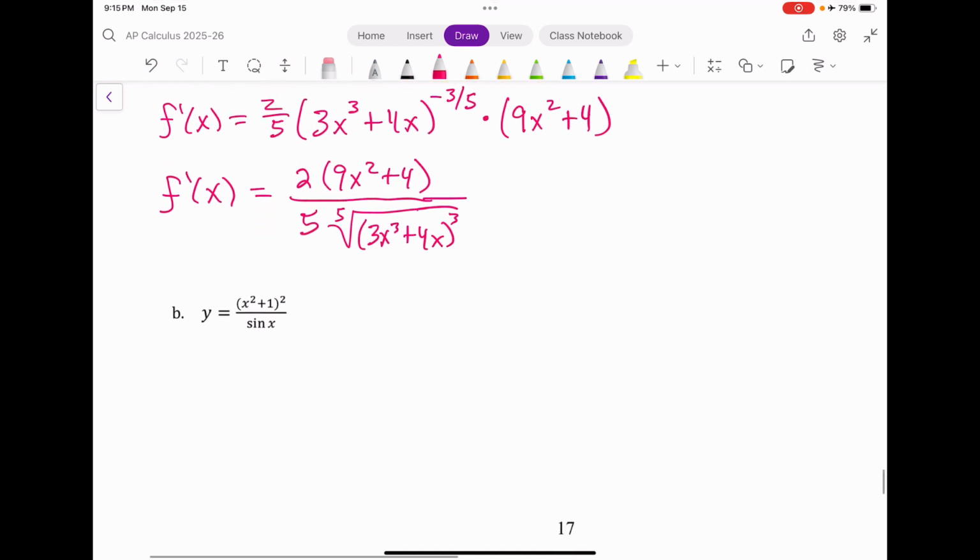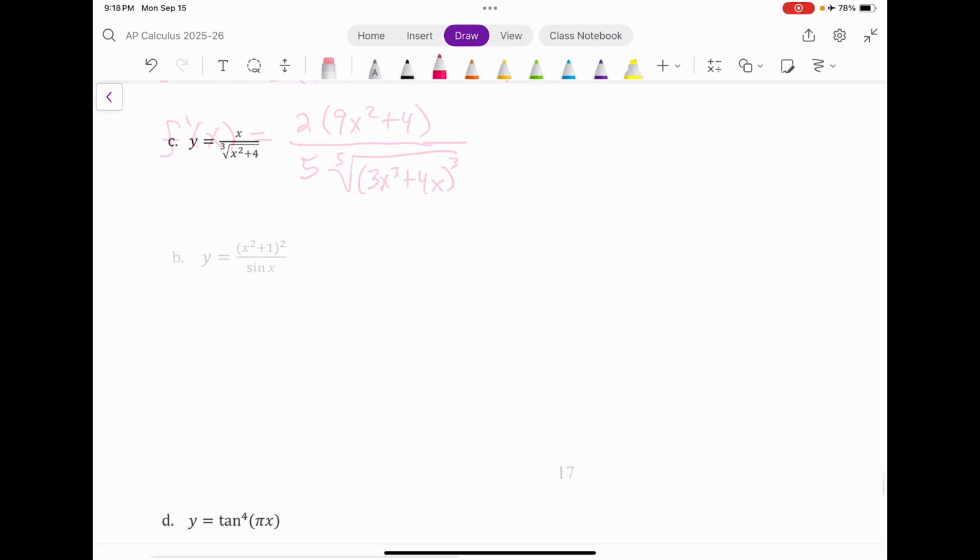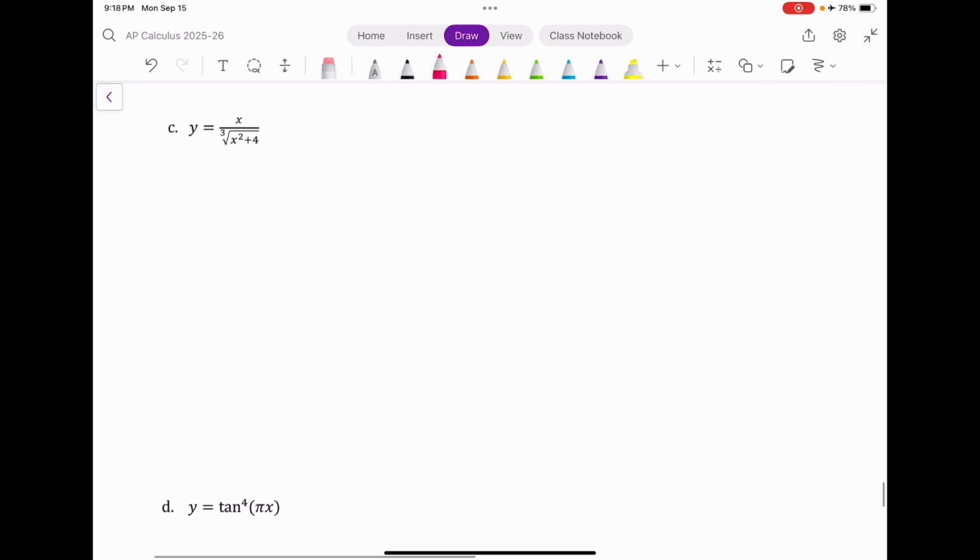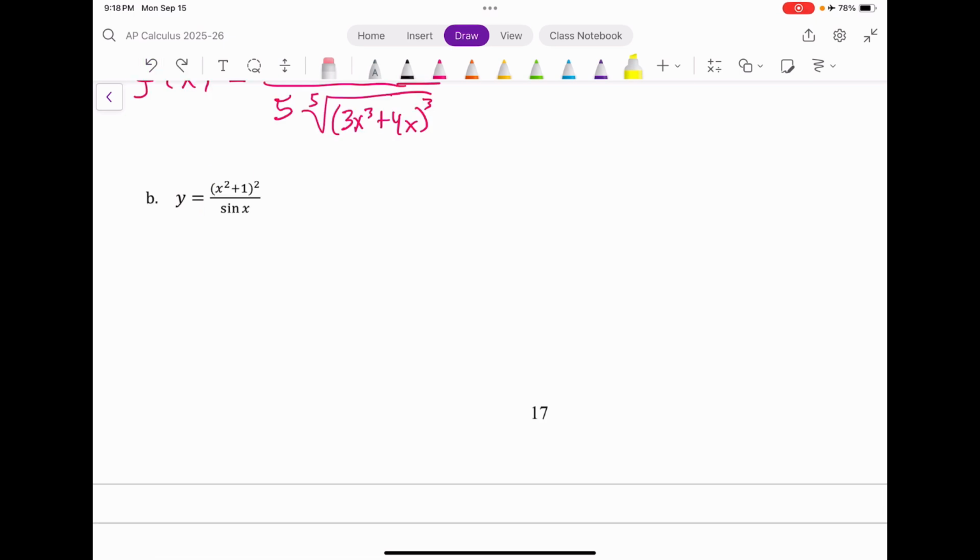All right, and then we'll skip part B. Okay, so here we have an equation where we'll need to do the quotient rule and the chain rule when we're finding the derivative of the denominator.